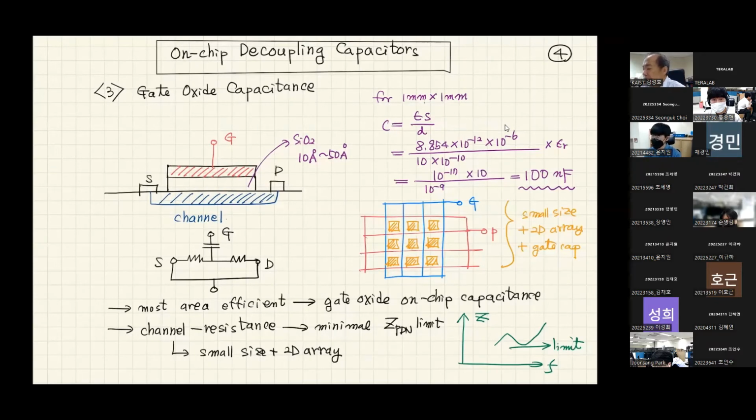Number 3, which has a very important role in decoupling capacitor design inside the chip, is gate oxide capacitance. Why is the gate oxide capacitance so important? I would say the dielectric which forms the gate oxide is the thinnest dielectric material inside the chip.